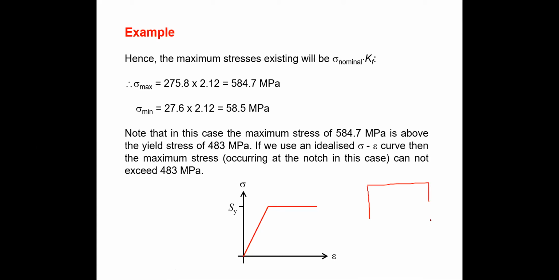So this is the point that exceeds the yield point, but only this point can't move. The whole thing should be moved. So what happened? The stress will be saturated at that point, because this one point can't yield. The whole cross section should be ready to yield. Here only this area reaches above the yield stress. So it will be saturated.